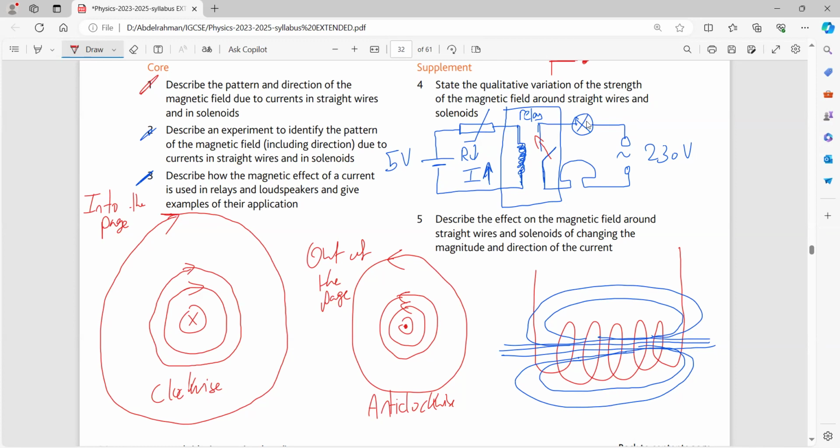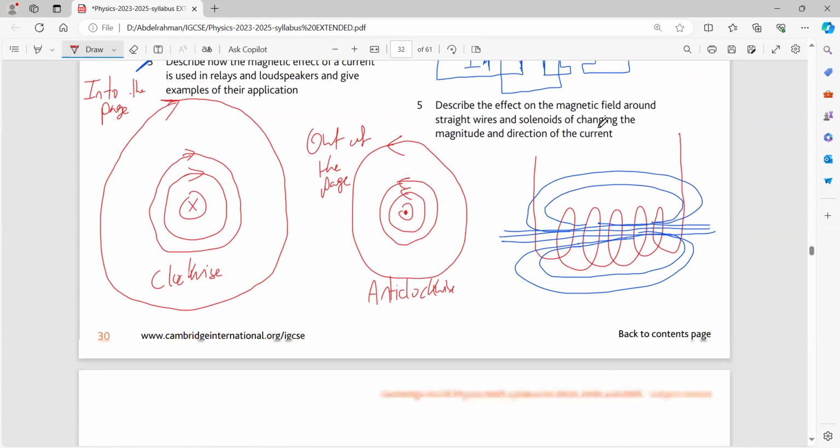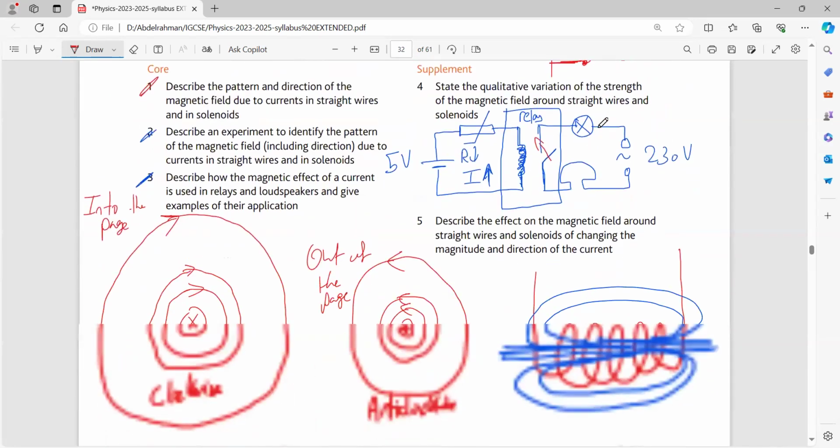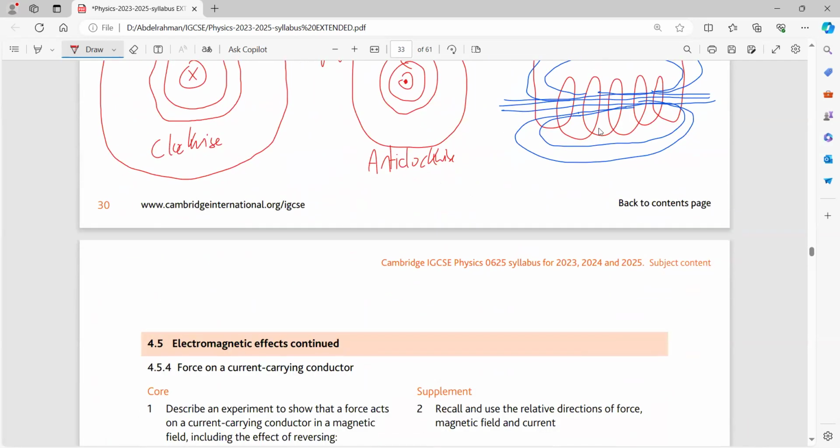Sir, I'm so sorry, but can you write the sentence? Okay, I'll write it down here. What does a relay do?